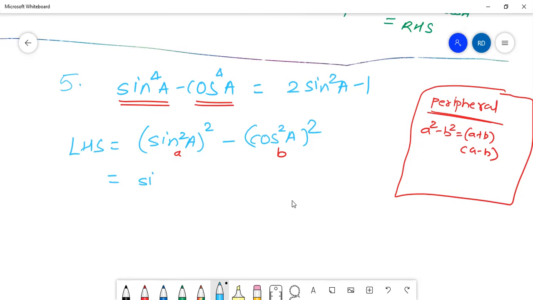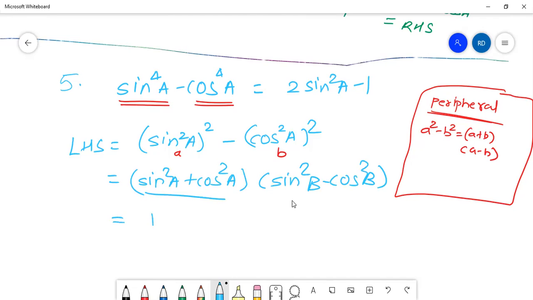This will become sine square A plus cos square A, which is a plus b, and sine square A minus cos square A, which is a minus b. We know this is equal to 1, and this is equal to sine square A minus cos square A as it is.